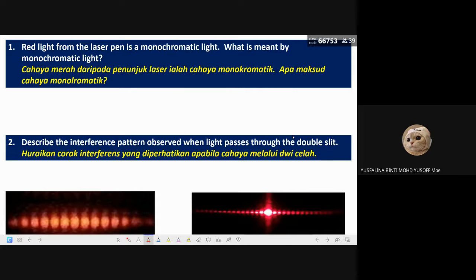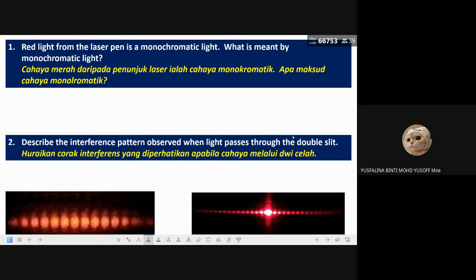They have the same wavelength, same frequency, and the same constant phase. It means the sources we use to produce the interference, because you need two waves so the interference can occur, must have the same wavelength, the same frequency, and the same constant phase. Then it will produce the interference of water waves.